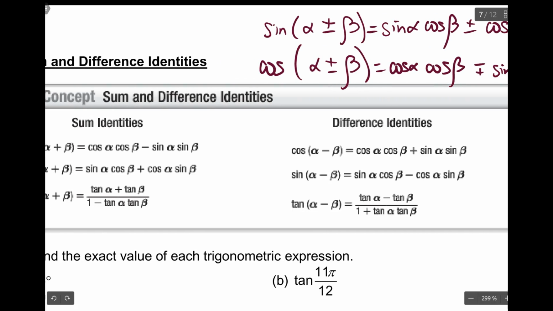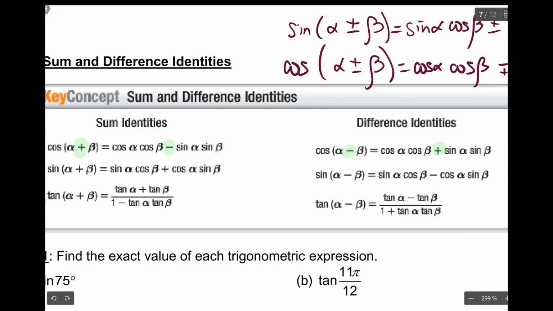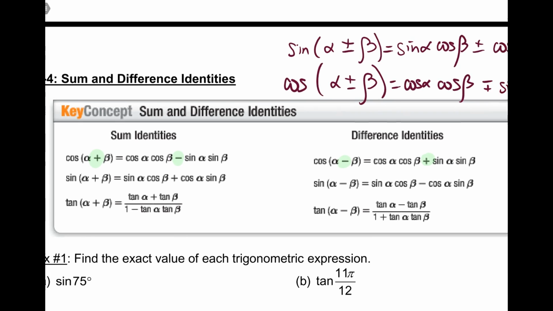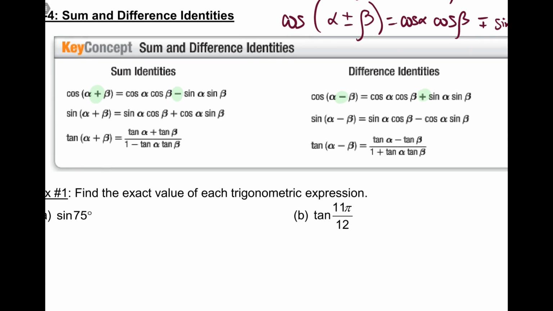If I have a plus inside with my cosine, I have a minus out here. Similarly, if I have a minus cosine, I will have a plus out here. So it's opposite, but you just have to make sure that when you use your equation sheet, you copy it over correctly. This is for when I have an angle that's not one I already know.